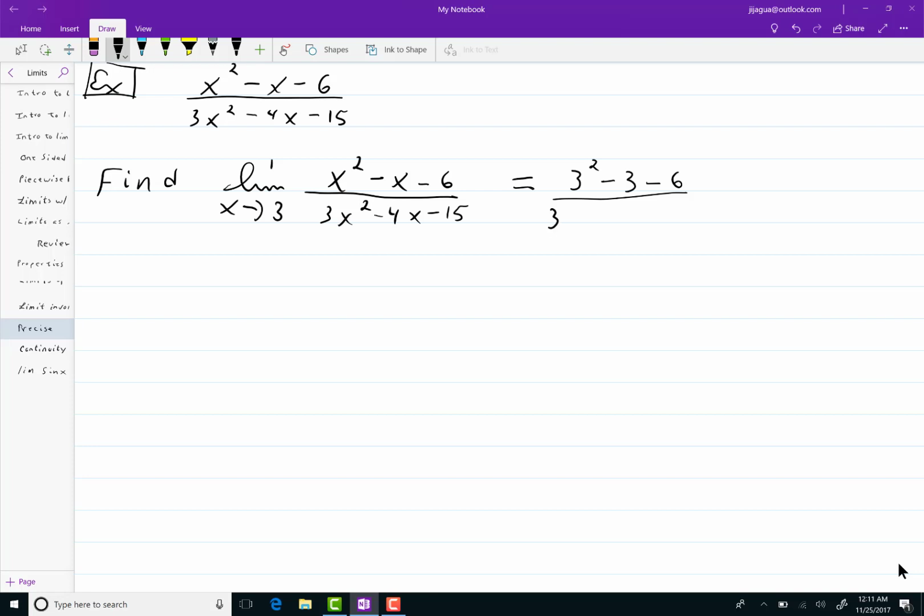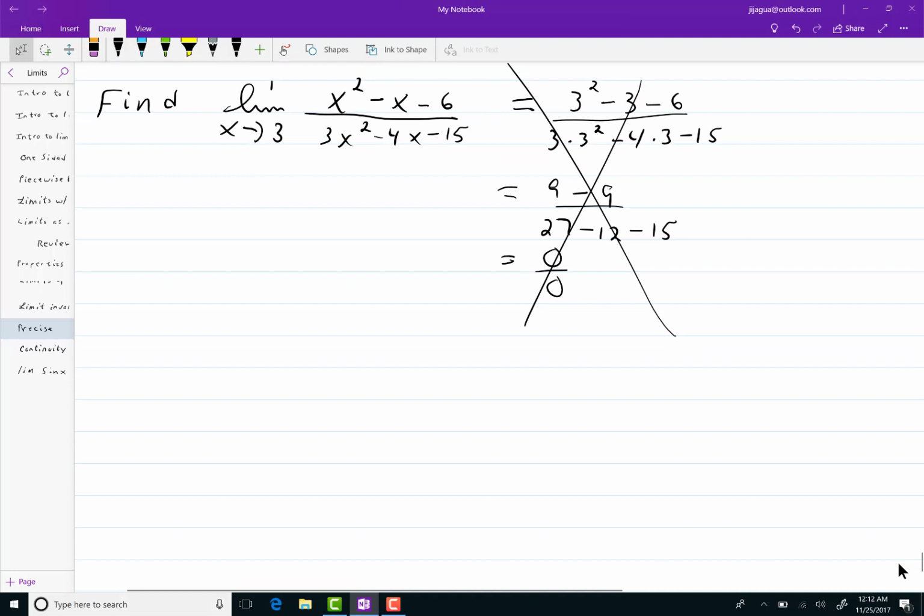Down here I'll have 3 times 3 squared minus 4 times 3 minus 15. That equals 27 minus 12 minus 15. Well, guess what? We're going to come up with 0 over 0. So this is not going to give me anything.